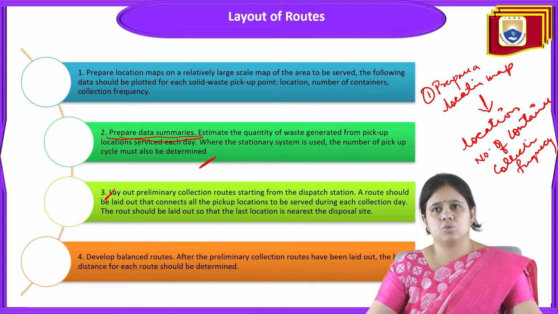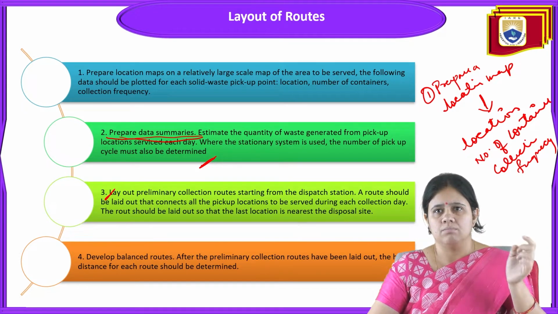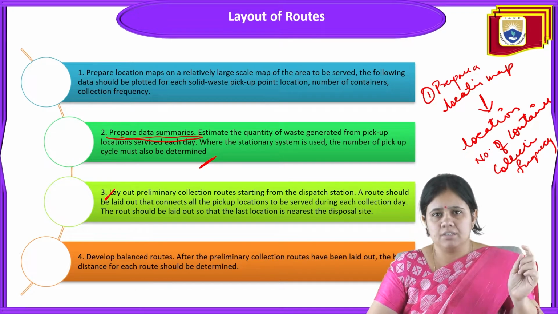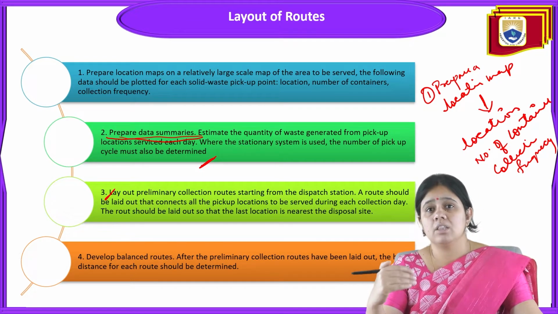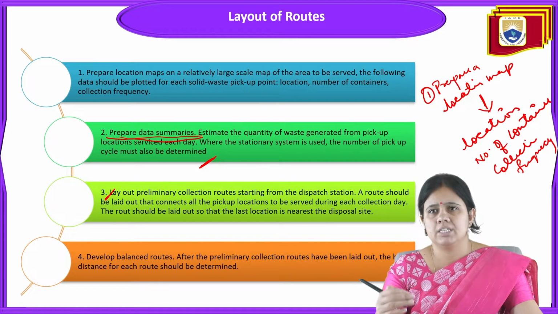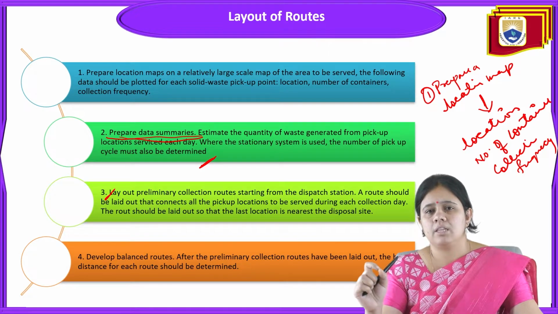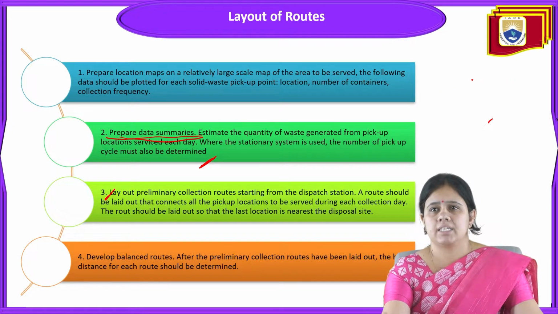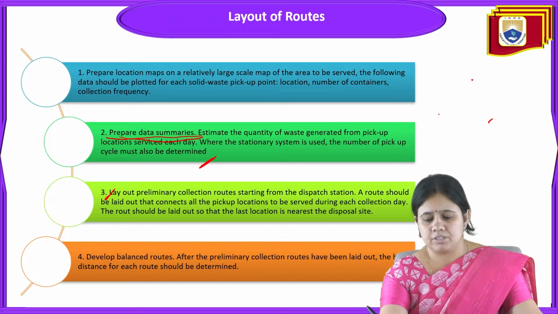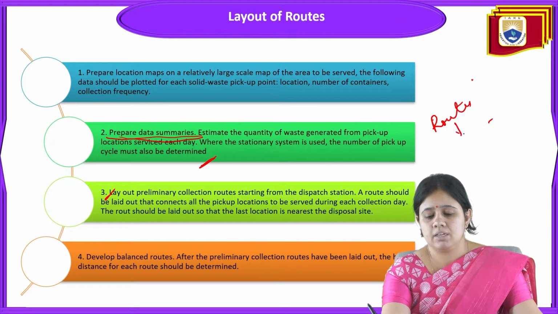So the preliminary collection should start from the dispatch location, because from the dispatch location they start their pickup collection route, and a route should be laid out so that it will connect all the pickup locations. It means that when the collection starts, on each collection day they will serve all the pickup places, so the route should be laid to connect all pickup locations.